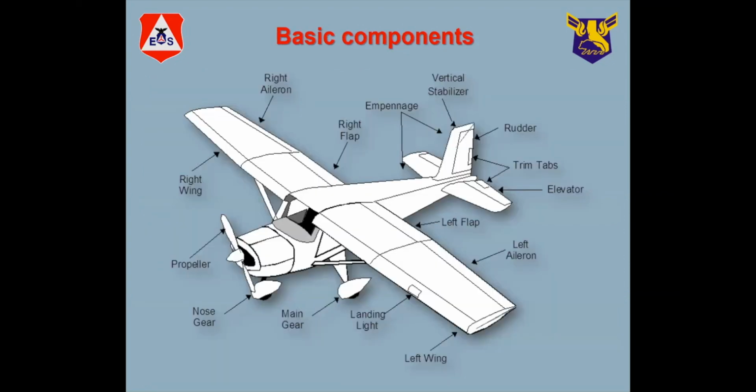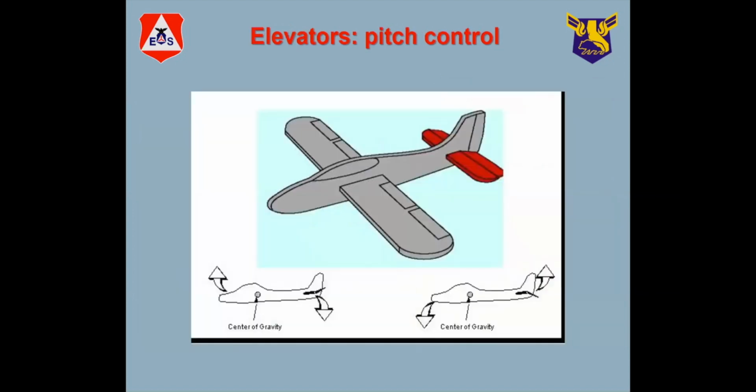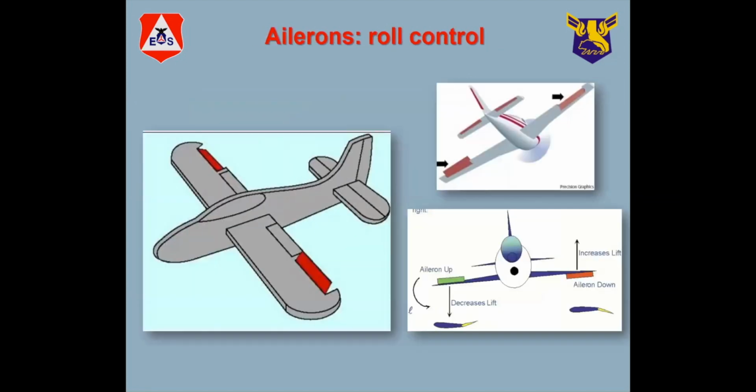The airplane parts are here in the illustration, and the basic components are control surfaces. This is a little bit of detail about how these things work. On the aircraft, in the left-hand indication, you see the ailerons. The one on the right is down, the one on the left is up.